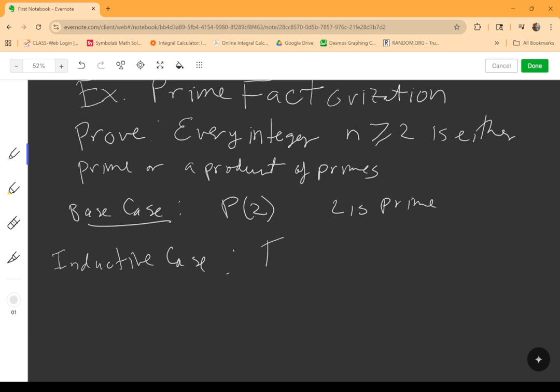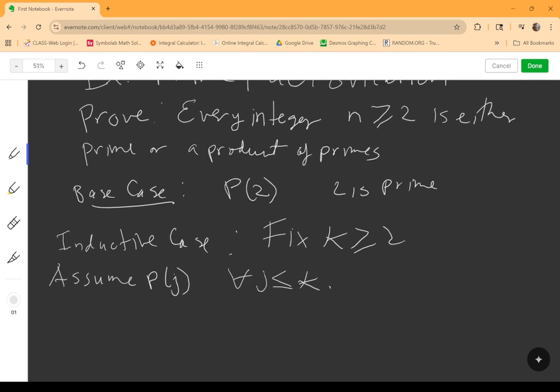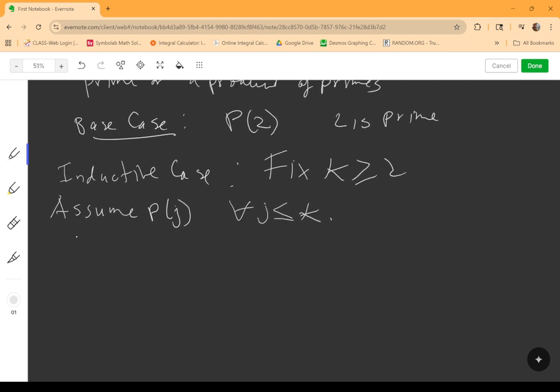We fix K to be greater than or equal to 2, and then assume P of J for all J less than or equal to K. So now we go to P of K plus 1.